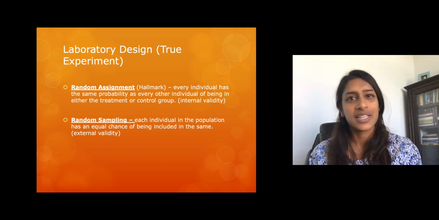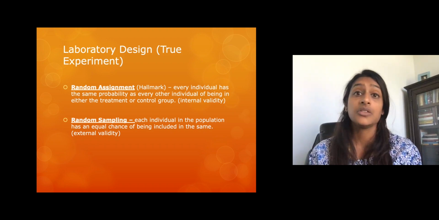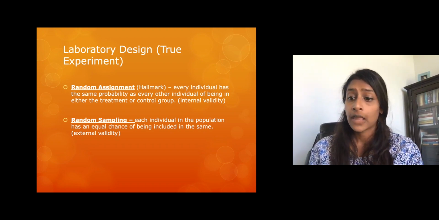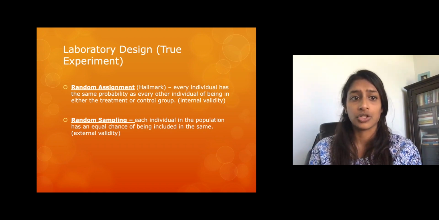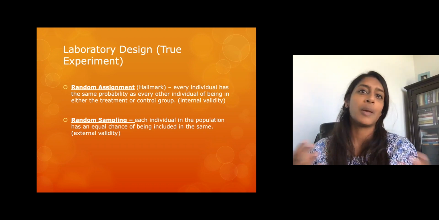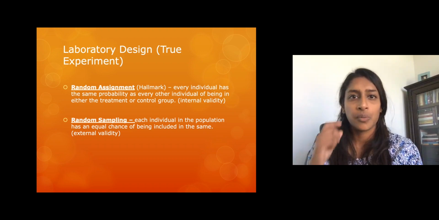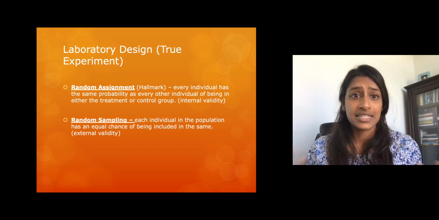Is that representative of the population of the United States? Well, the answer to that should be no, right? And so then there isn't much generalizability there. So my sample should also be very representative of the sample in which I'm trying to compare my research to, or that I'm trying to collect data in.